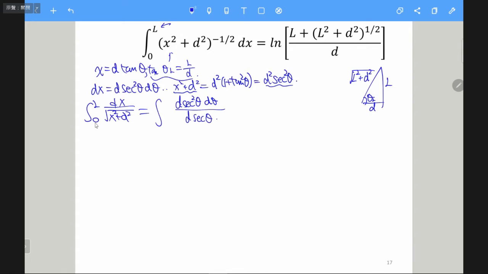Then substituting x to be 0, theta will be 0. And substituting x to be L, it is actually theta L.